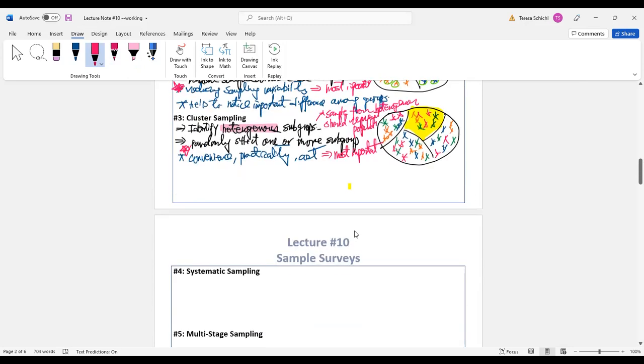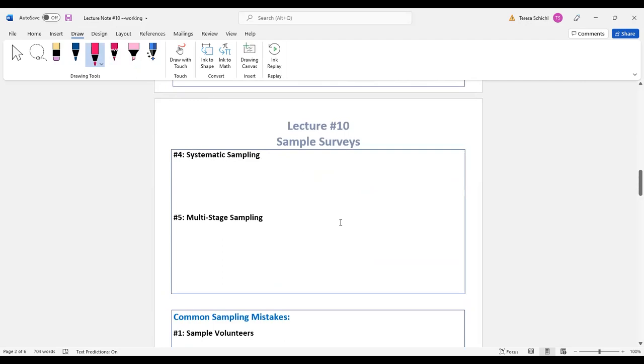Now the next one we're going to talk about is systematic sampling. What is systematic sampling?